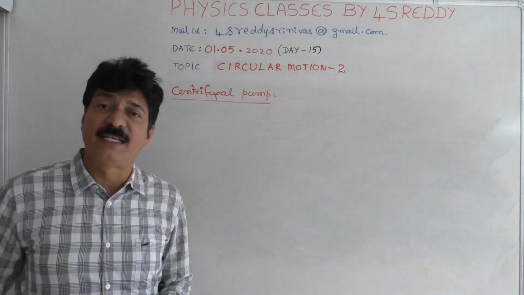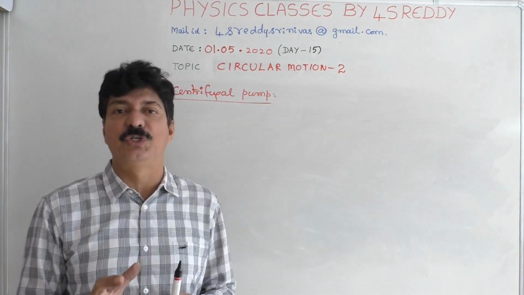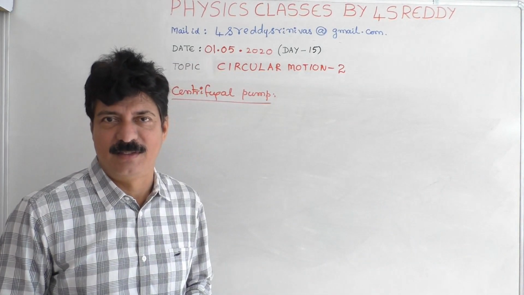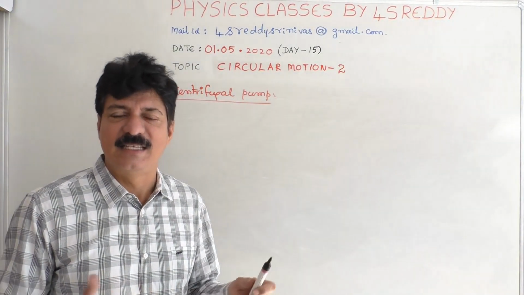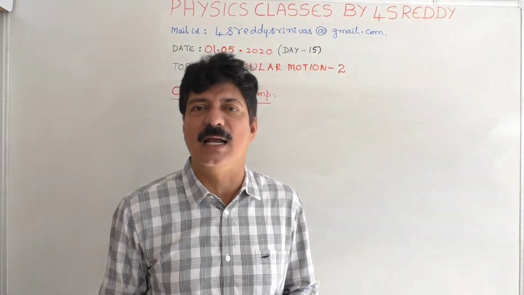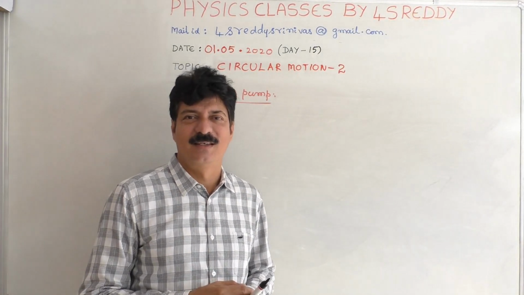What is the application of the centrifugal pump? The centrifugal pump is also a device which is used to lift water from smaller depths. This generally takes place in agricultural lands, because in agricultural lands water is available at very low depths.